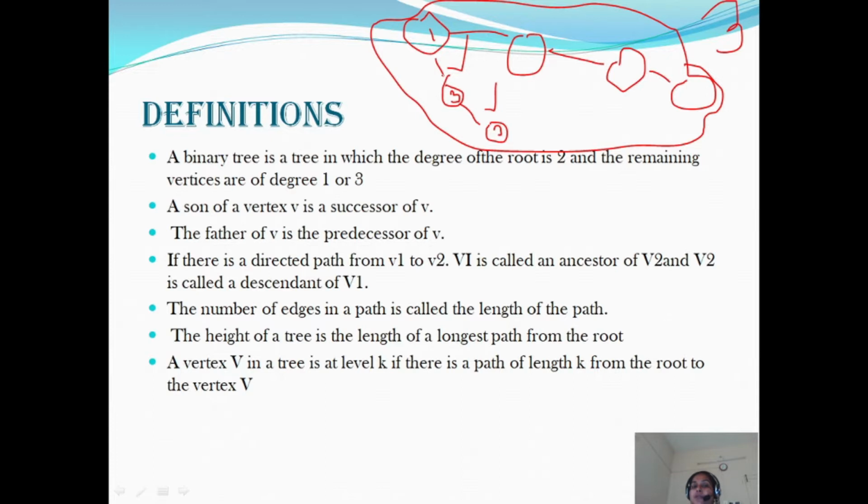For this one, the path length up to here is 2, so the level is 2. Here also the path length is 2, so the level is 2. What is the level of this node? Level is 3 because the path length up to here is 3. So level means the path length up to that vertex is called the level of that vertex.